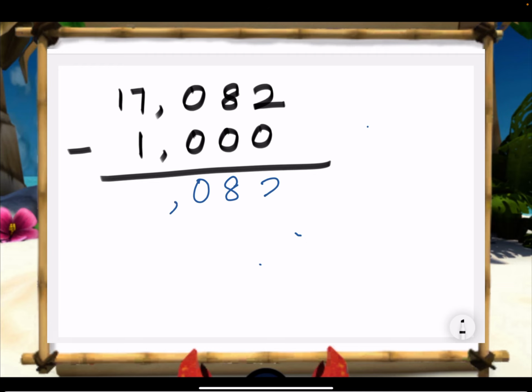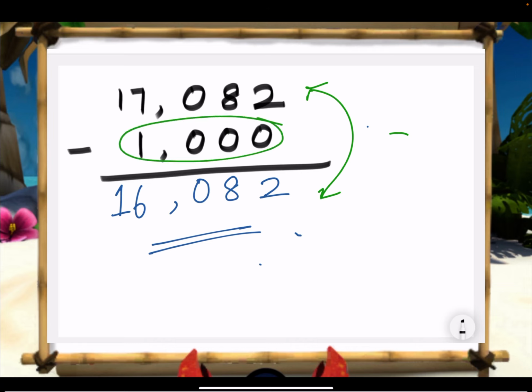Yeah. And 7 minus 1 is 6. So it is 16,082. So that means the difference between these two numbers, 17,082 and 16,082, is 1,000.